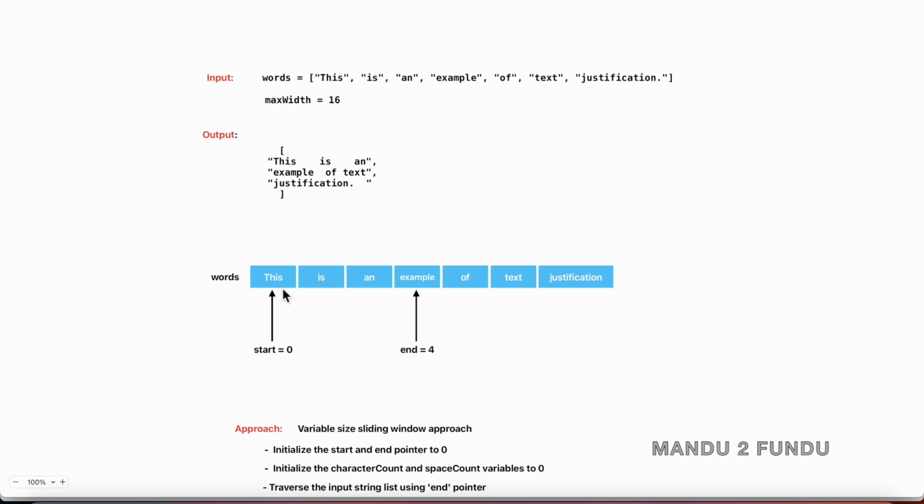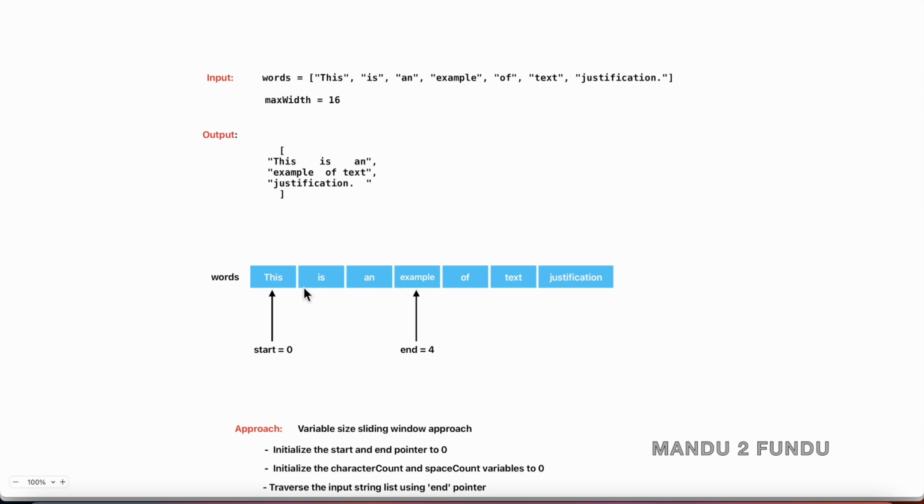Okay, and basically we need to maintain so far how many characters we have seen in the current window between the start pointer and the end pointer. Okay, and also we need to account for how many spaces so far we have included between the words that are seen so far in that window. For example, here there are 4 words.